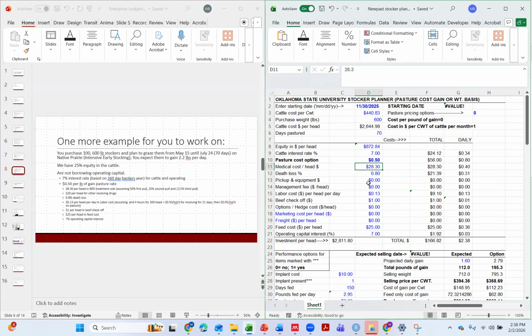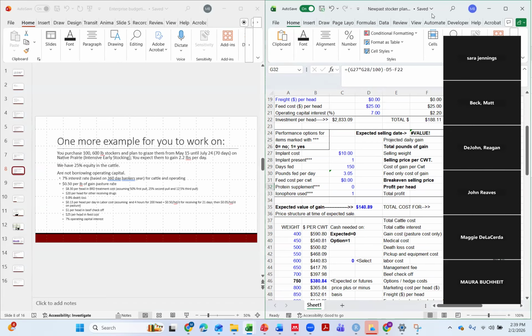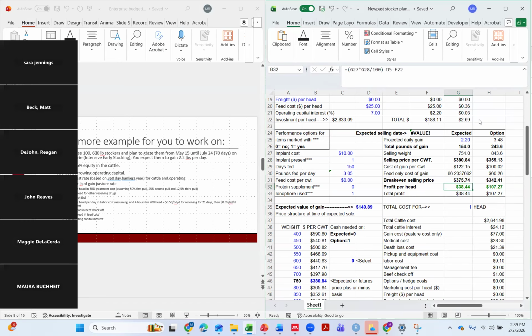Kept the same death loss, kept the same medical cost, $25, $7. And in this instance, we're going to gain 2.2 pounds per day. So, takeaway here, is this what you guys got? Yes, 38.44.